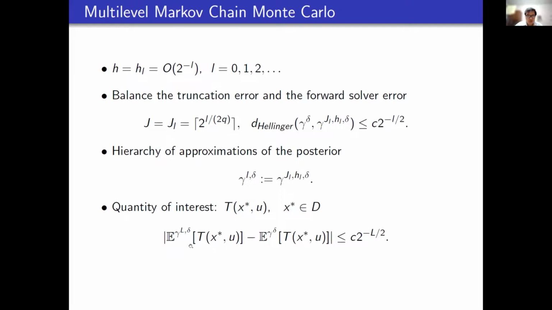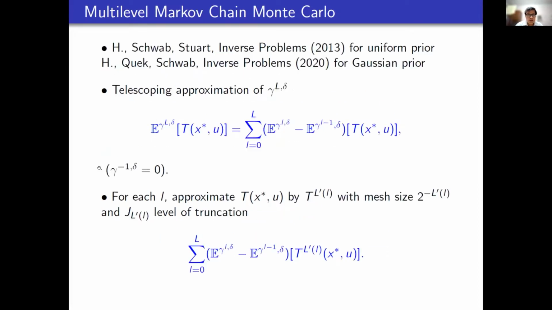So we will find the posterior of this P at this fixed point X star with respect to the posterior probability for the resolution level 2 to the minus big L for the forward equation. So we will use the multi-level Markov chain Monte Carlo. We follow the work that we did before in these two papers here.